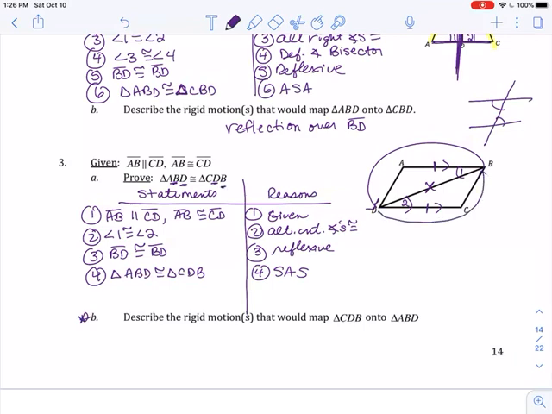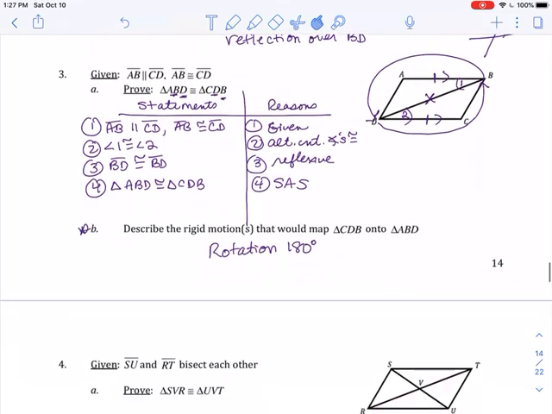That means B is mapping onto D and D is mapping onto B. So I am doing a rotation of 180 degrees. Okay, so this one is not a reflection. Hopefully you can see the difference, but we can talk about that tomorrow in class. How 1 and 2 were a reflection over the line, but choice 3 right here, proof 3, exercise 3, is not a reflection, it's a rotation.